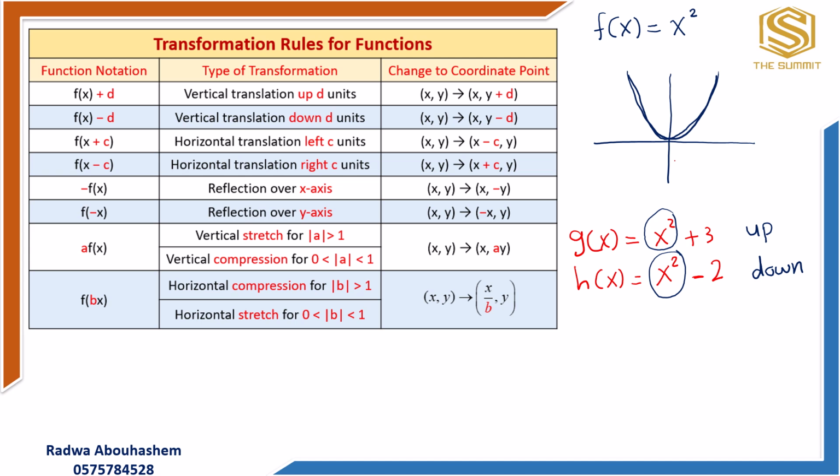What if I'm asking you to do a horizontal translation to the left? Horizontal means that whatever you're going to do, you do it for the x itself. So here, I'm going to say you have a horizontal translation to the left 2 units. Let me write it for you. Say it's m of x equals x, you're doing a horizontal translation to the left.